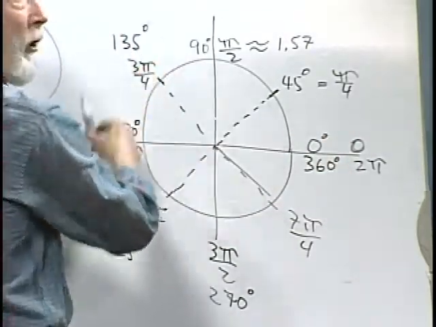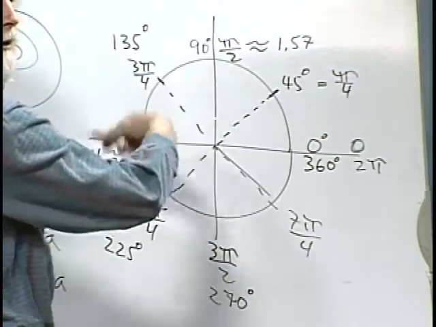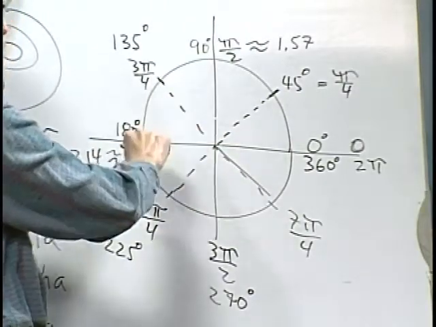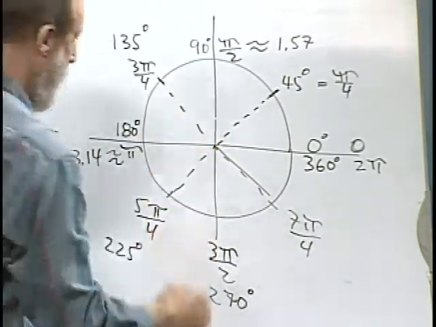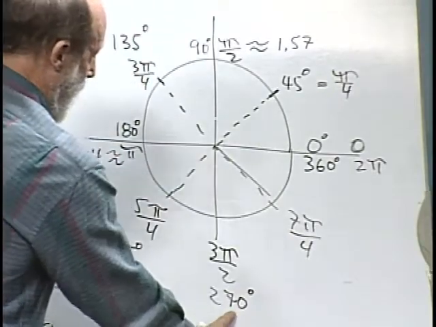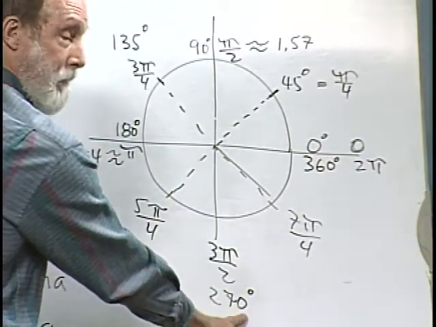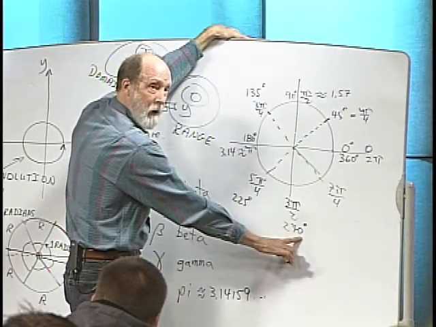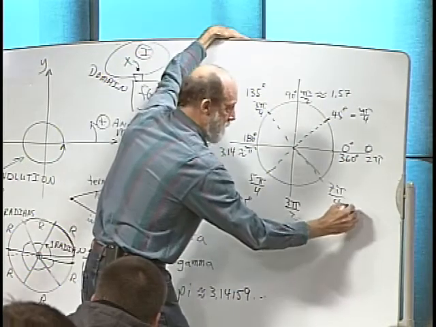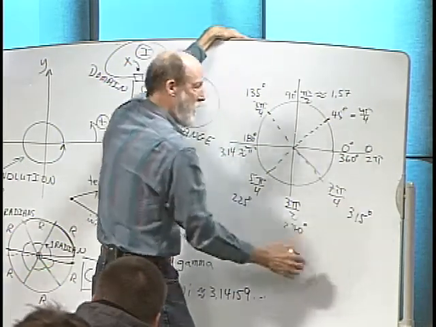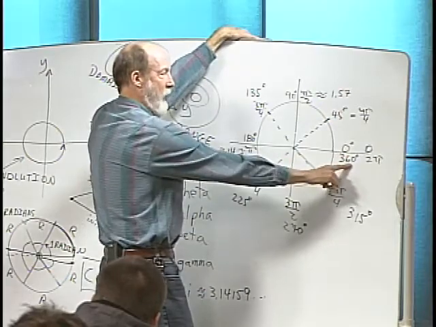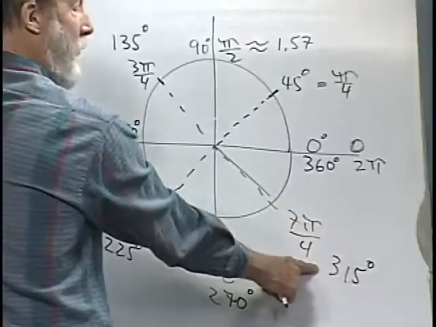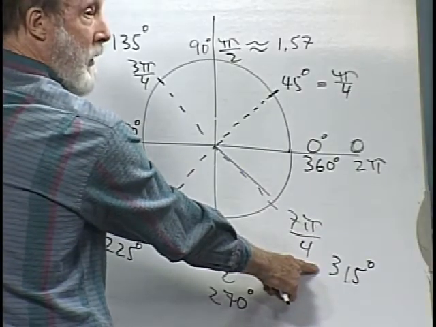And we could keep on going, couldn't we? 9 pi over 4, 10 pi over 4, 11 pi over 4, blah, blah, blah. Okay. If we added 45 to 270, we get to 315. If we subtracted 45 from 360, we get to 315. Doesn't matter which way you go on it.